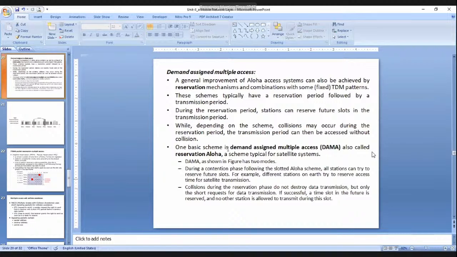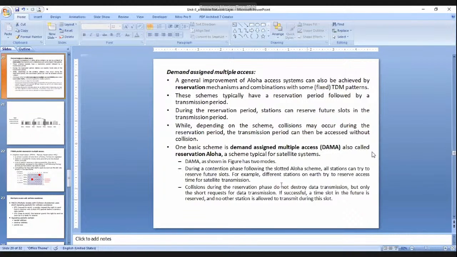Collisions during the reservation phase do not destroy the data transmission, but only the short request for data transmission. If successful, a time slot in the future is reserved and no other station is allowed to transmit during this slot. This was a general thing we know already. What happens if you go for a slotted Aloha scheme?